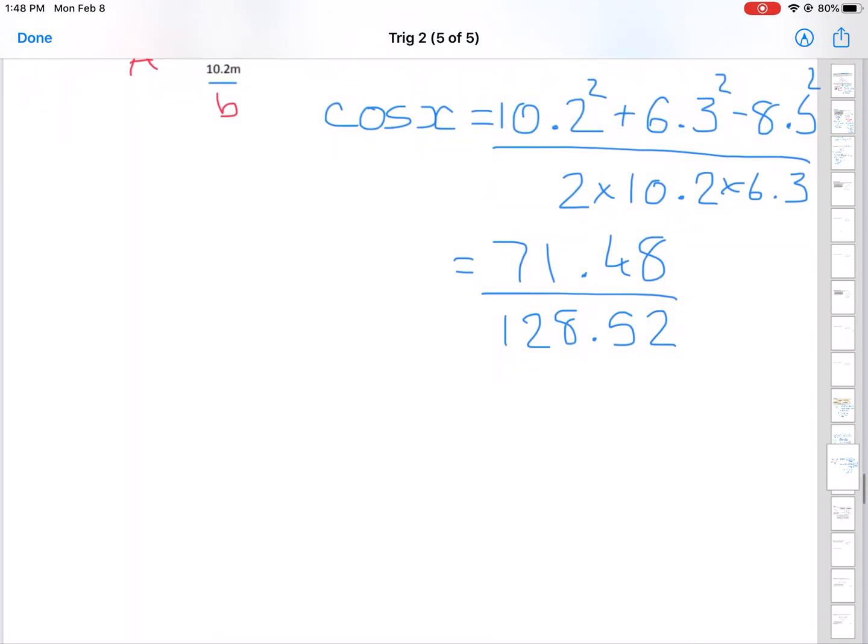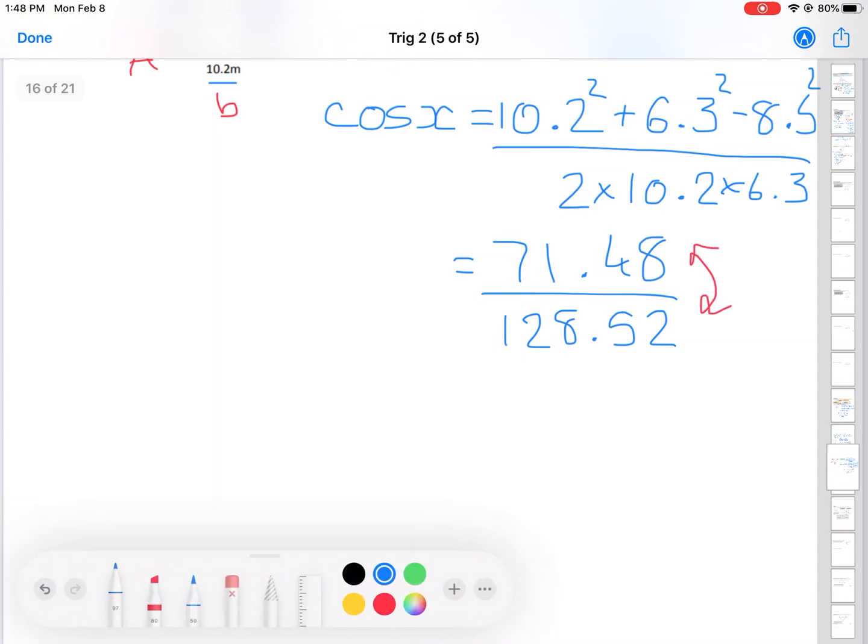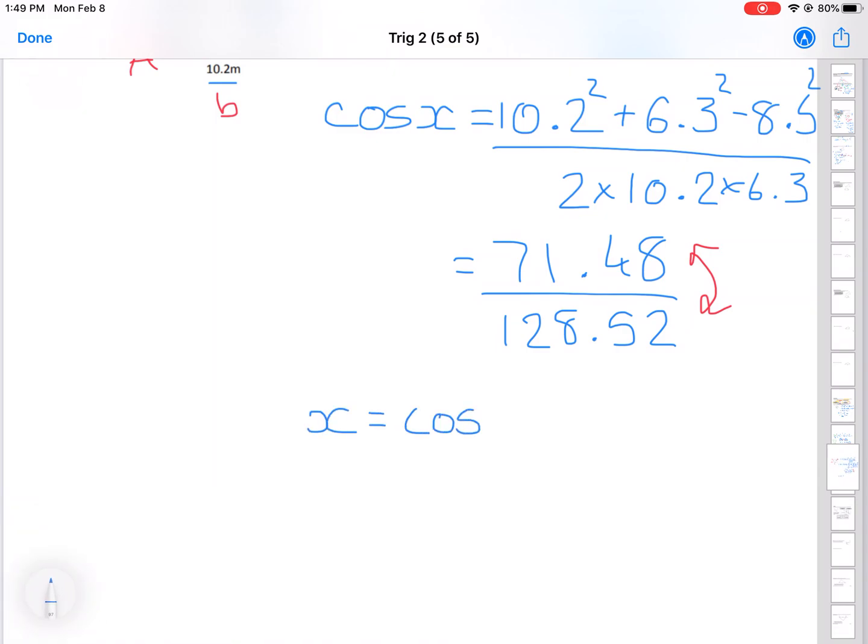Now you can either get a decimal number for this calculation, so you can divide the top by the bottom here, or what you can do is you can put it straight into the calculator. So you can do x is equal to cos minus 1 of 71.48 divided by 128.52.